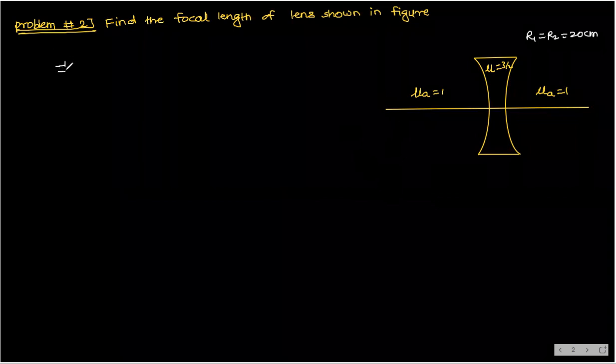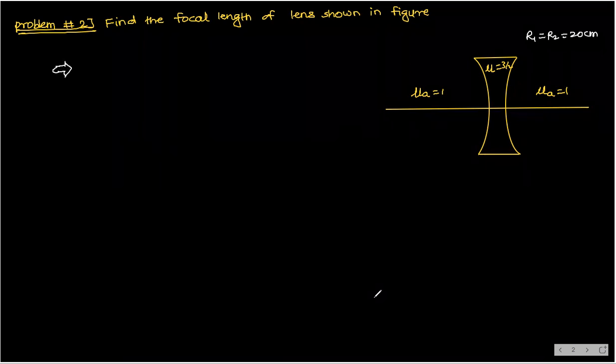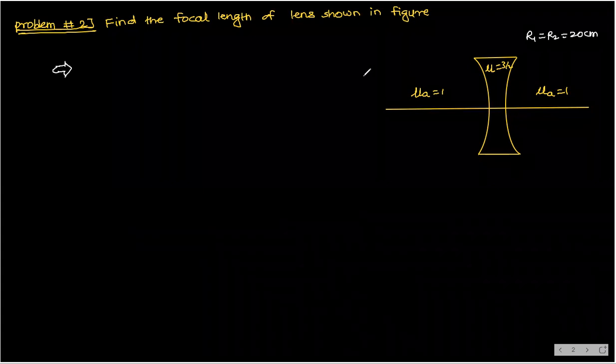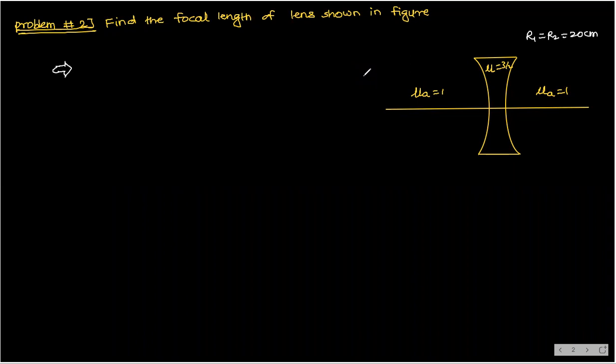Now which formula will you use? Again the lens maker's formula only. Can you do it yourself? Let us see what is given. Given mu2 is equal to 3/2. Mu1 is equal to 1. Is R1 positive or negative here?